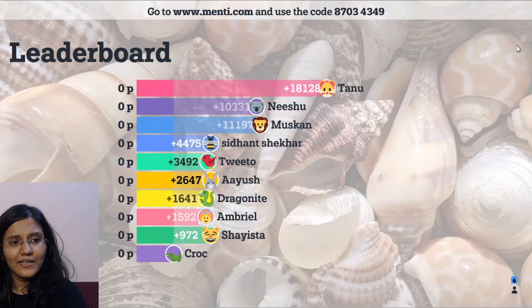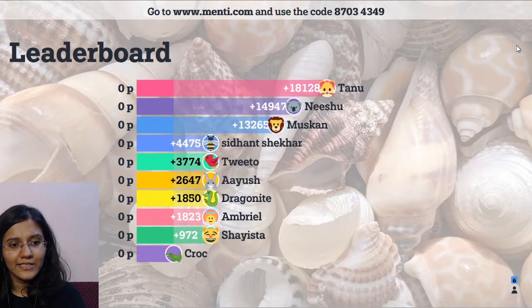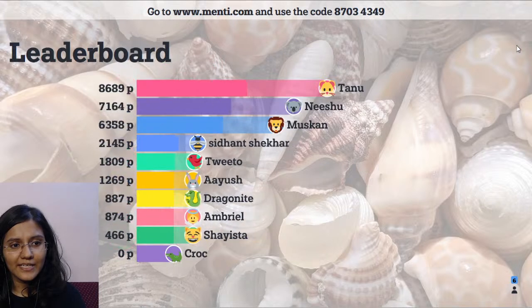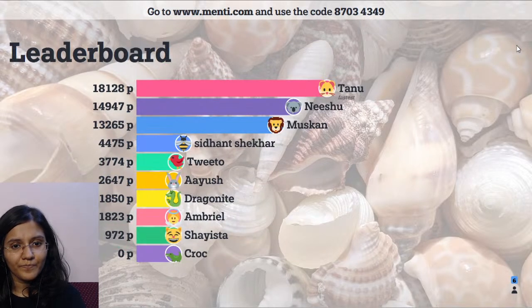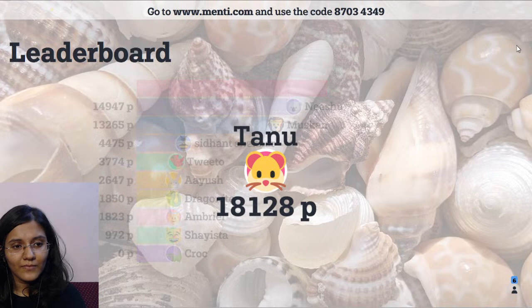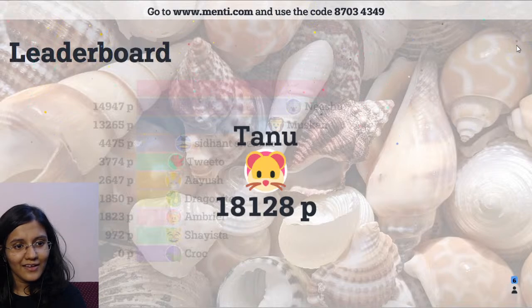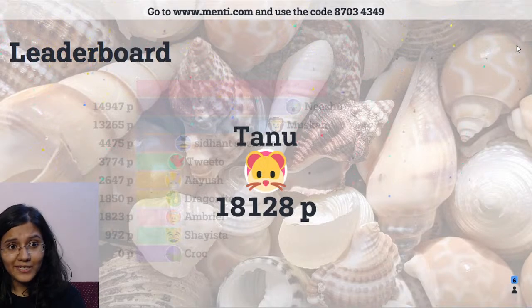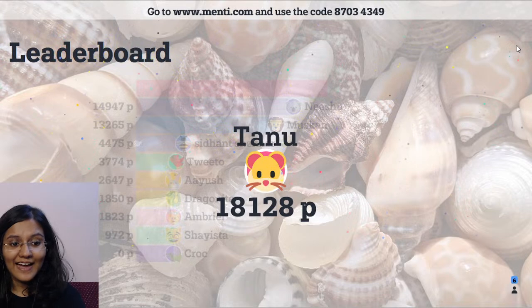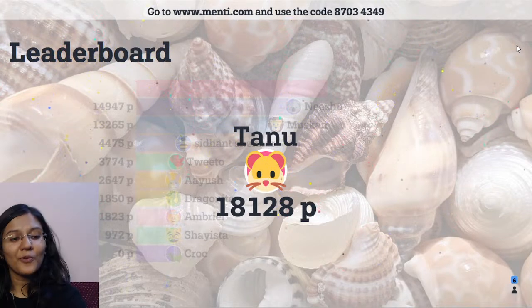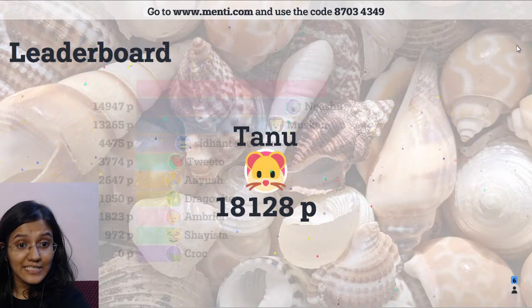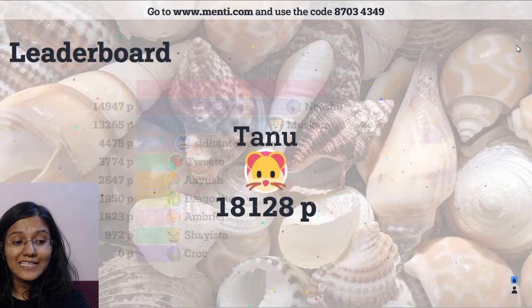Oh wow, we've had quite a bunch of people today. I think people just kept getting kicked out. And Tanu is at the top. So congratulations to Tanu, and thanks to so many people for being here today and joining in. I had a lot of fun. I hope all of you had fun too, and congratulations also to everyone else who took the quiz.